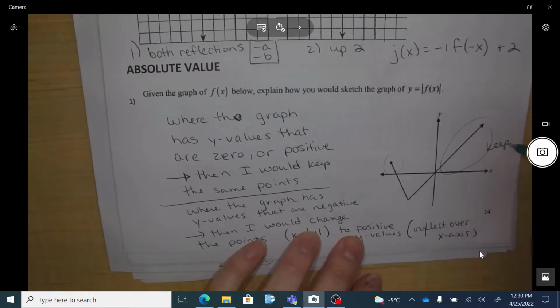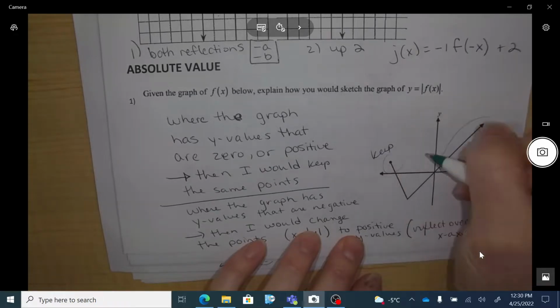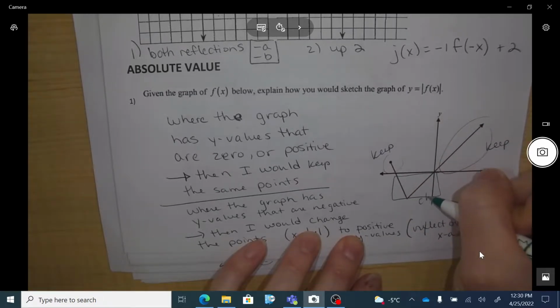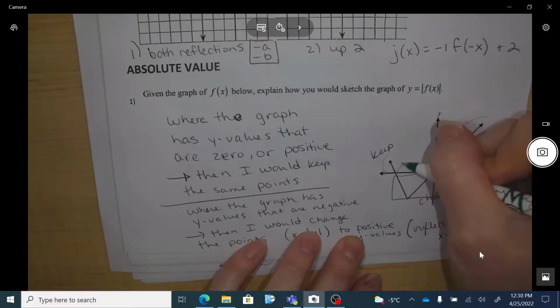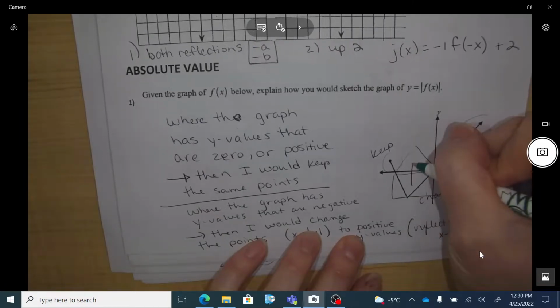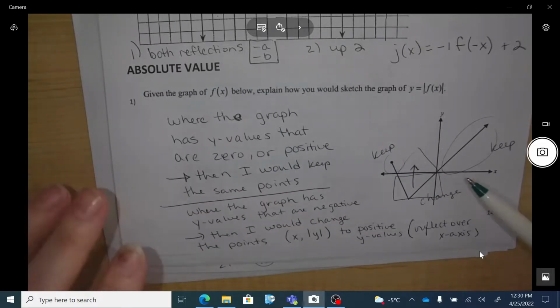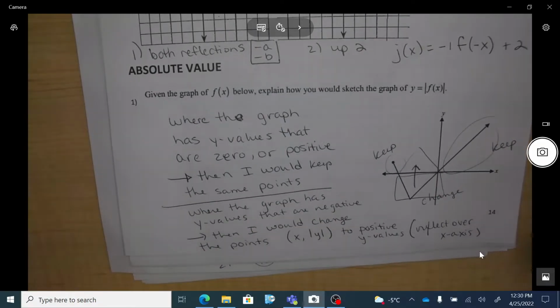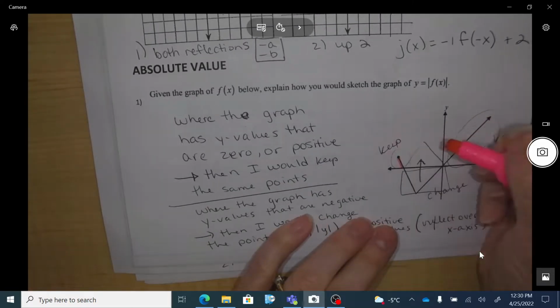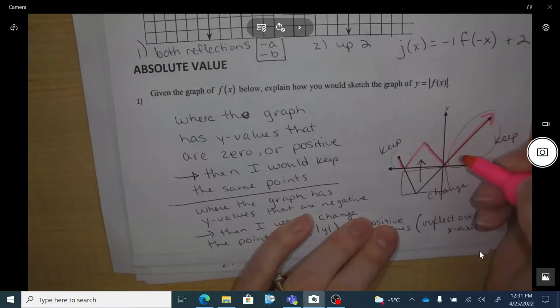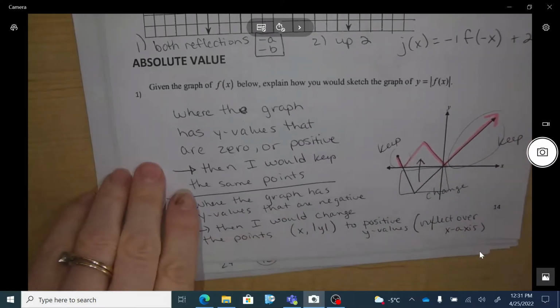So I would keep that, and this part would change to there. Okay, but you have to explain it in words, so that would get overlapped, and this would get overlapped, and then this would change to positive.